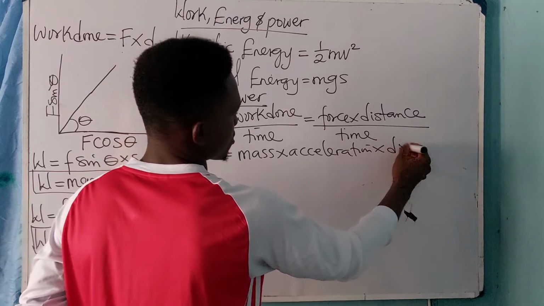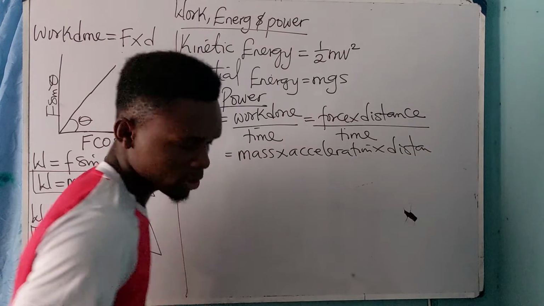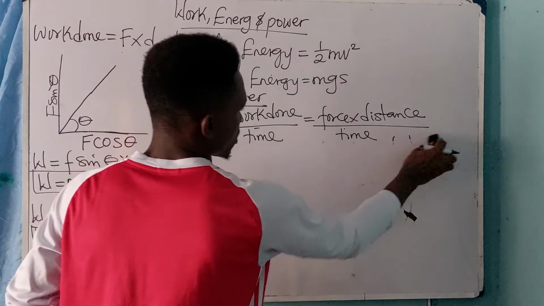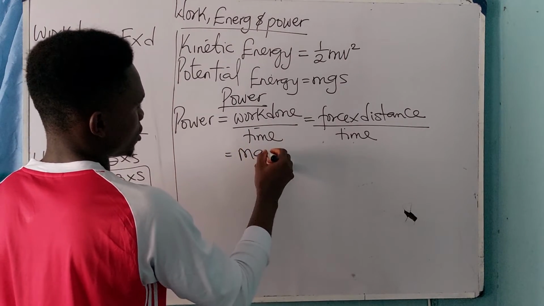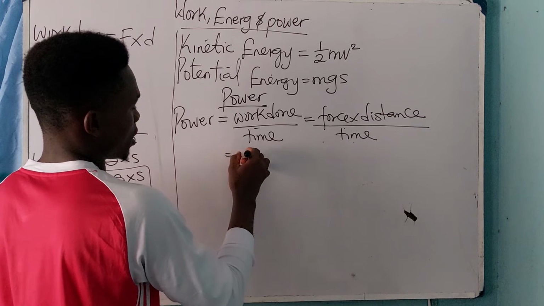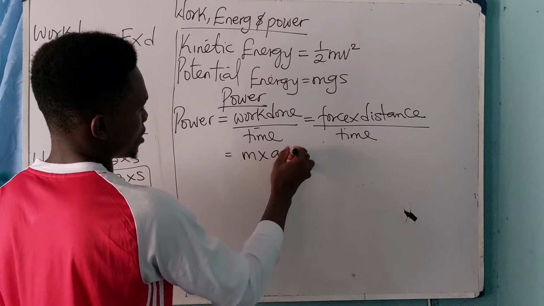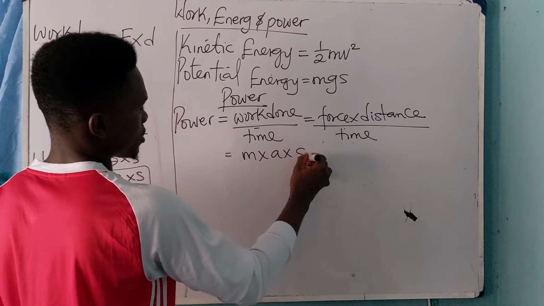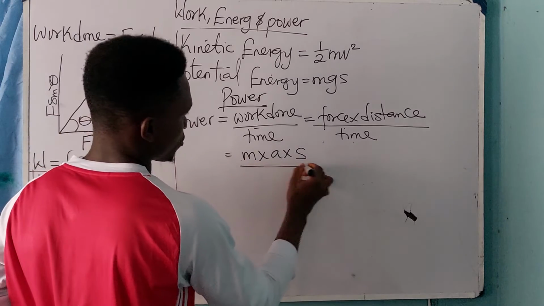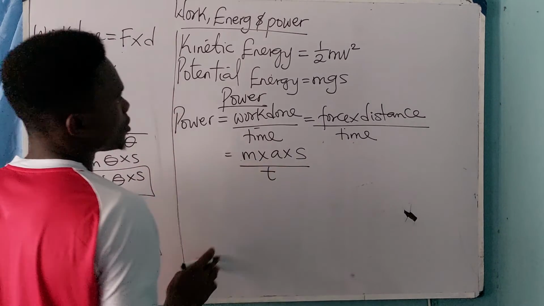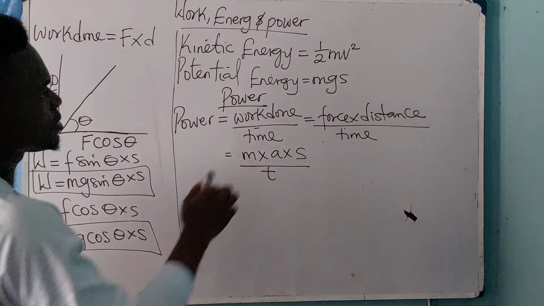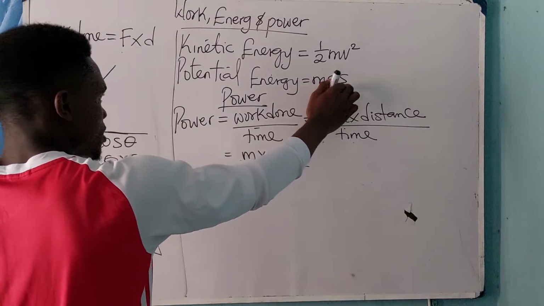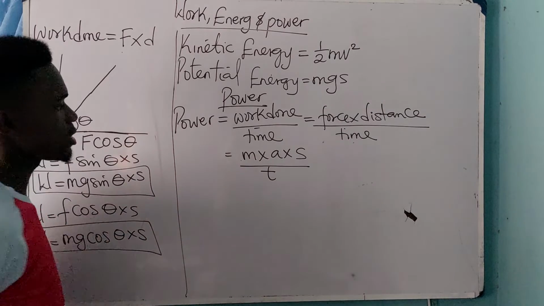To avoid this long sentence, let me just use m times a times s over time. Please, s here is distance. Take note of that.